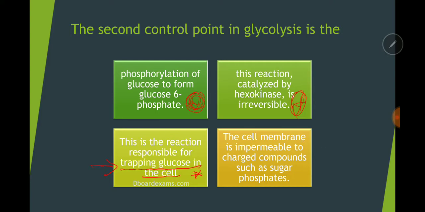This is because the cell membrane is impermeable to charged compounds such as sugar phosphates, meaning they cannot just diffuse out of the cell. So glucose 6 phosphate is trapped inside the cell.